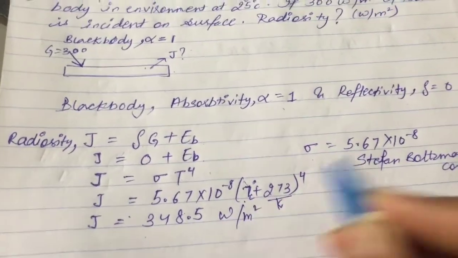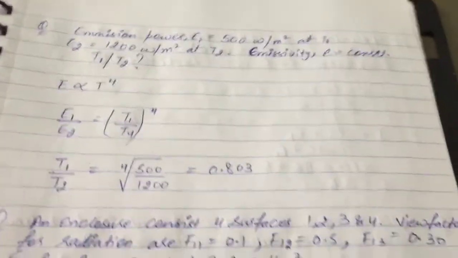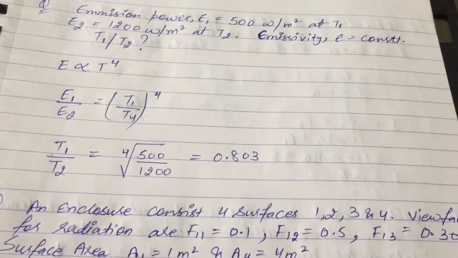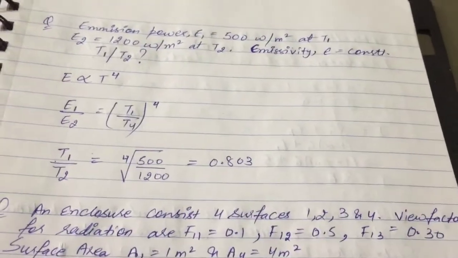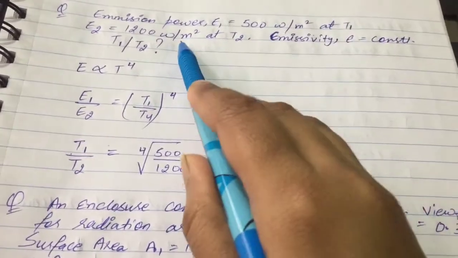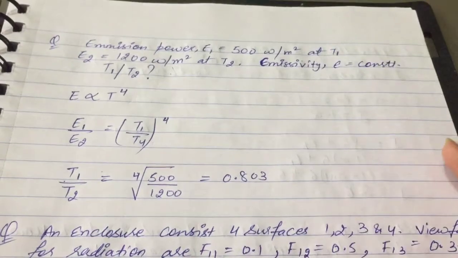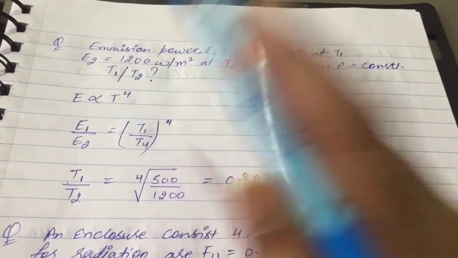watt per meter square. Next question is, emissive power E1 is given as 500 watt per meter square at temperature 1, and E2 is given as 1200 watt per meter square at temperature 2, and emissivity is constant. We have to find T1 by T2.